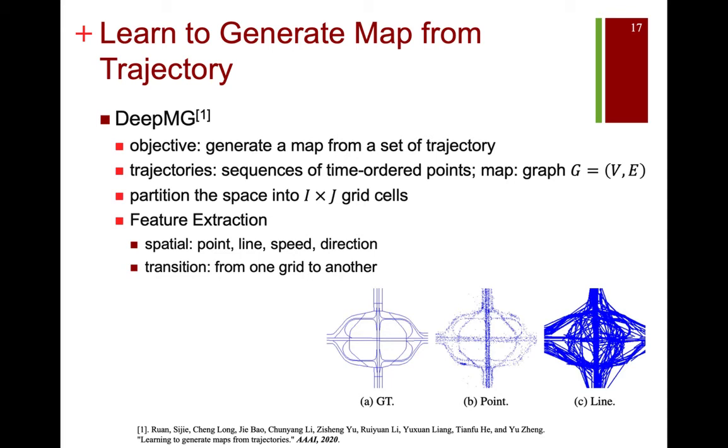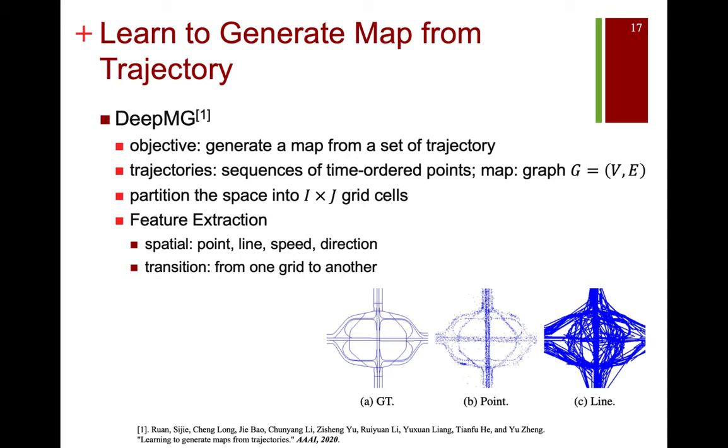Concretely, there are two types of features that can be extracted from the trajectory data, spatial and transition features. For the spatial feature, it calculates the density of trajectory points in each grid cell and also the number of line segments. Here a line segment is basically the line between two consecutive points in the trajectory.